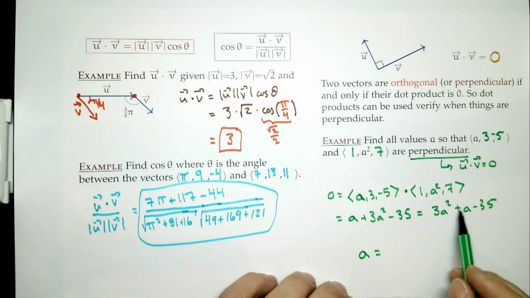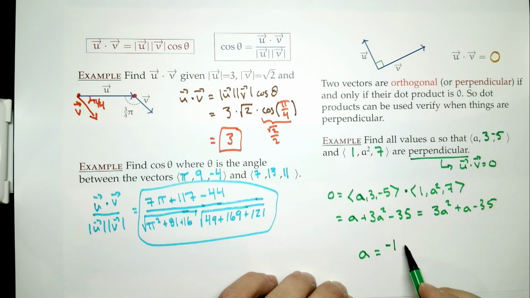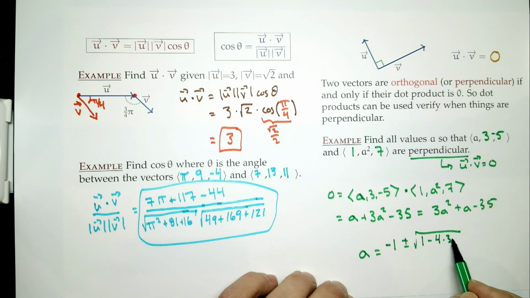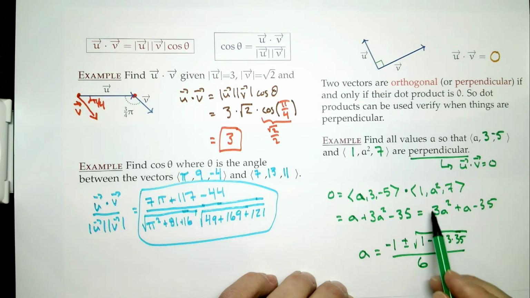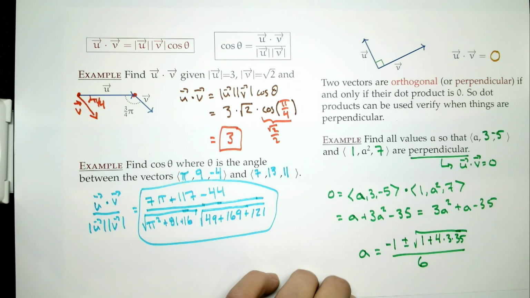Negative what's in front of the a, so negative 1, plus or minus the square root of 1 minus 4 times 3 times 35, all over 2 times what's in front of the a squared, which is 6. Should it be negative 35? Ah, you're right. Minus, minus, plus. Good. And what do we do next?